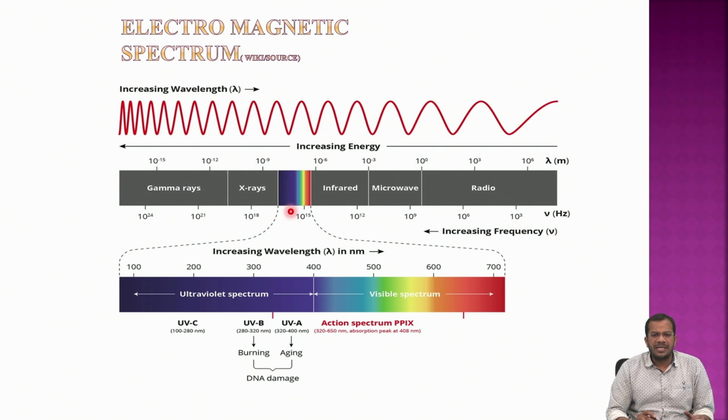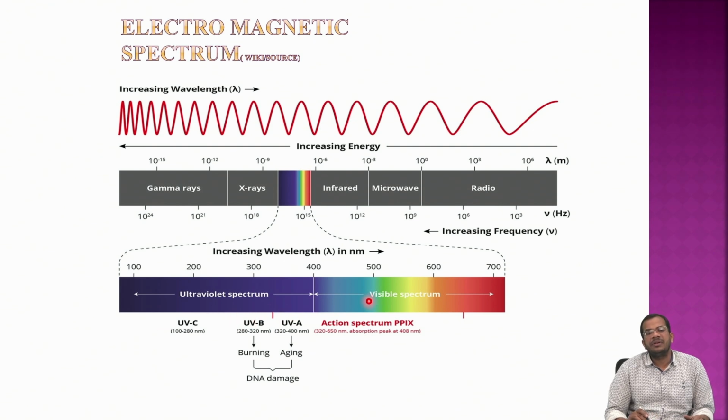The wavelengths we can see basically come under visible radiations. In terms of wavelength, 380 to 760 nanometers is called visible radiation. Wavelengths less than 380 nanometers are ultraviolet, and in ultraviolet you again have near ultraviolet and far ultraviolet.